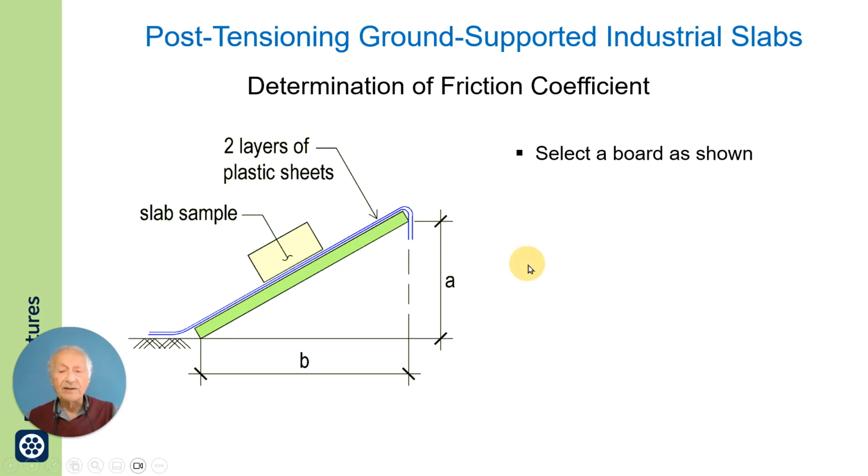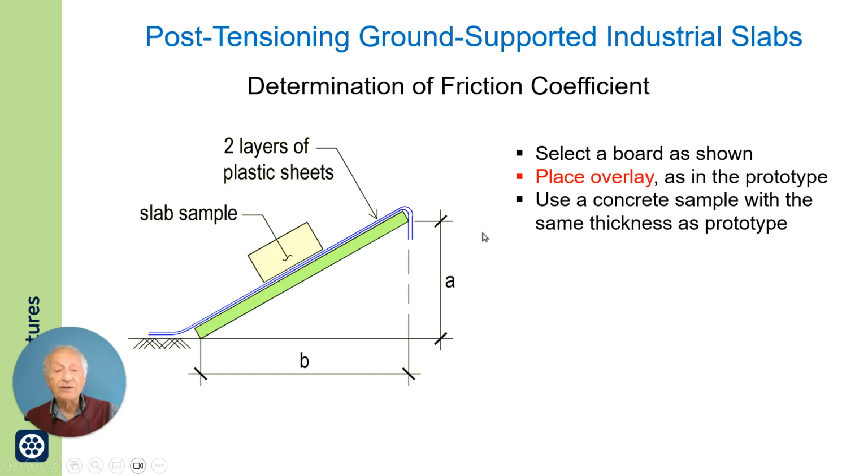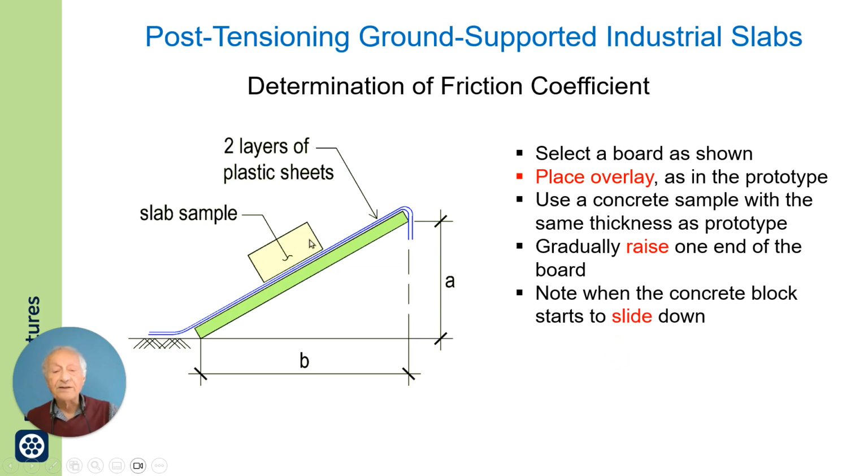This is just a comment that if you are not sure how to get the friction coefficient for the type of condition you have, you select this board, you put the overlay plastic as you want to use in the job site, and lubricant in between if you want to use, and you use a concrete sample with the thickness that you would be using for the slab, and you gradually raise the end until this block starts to slide.